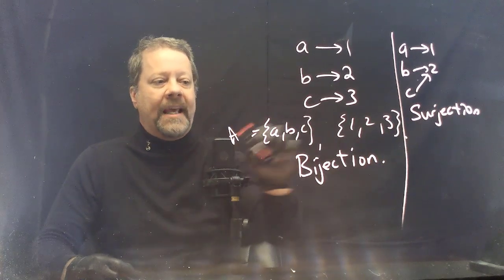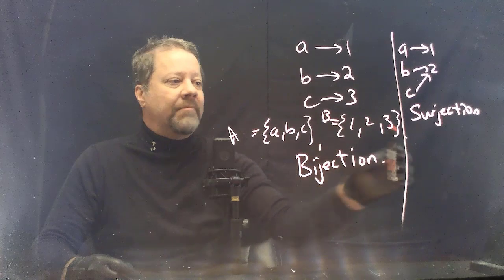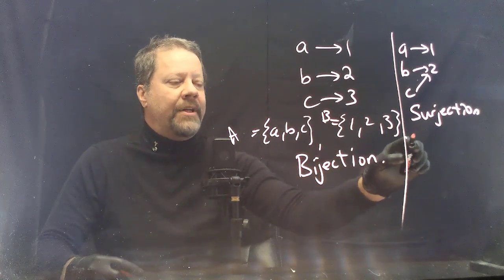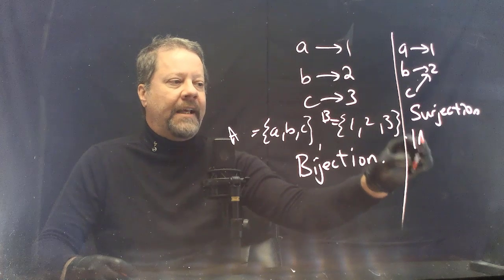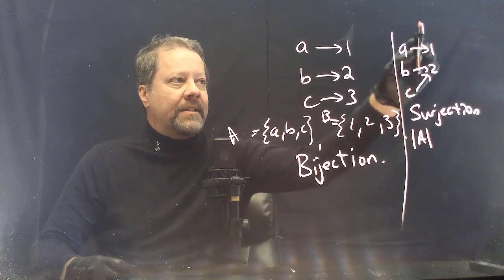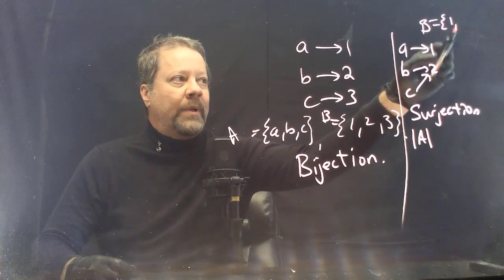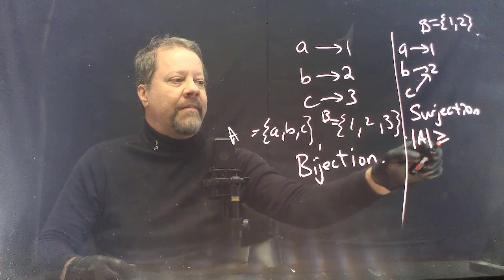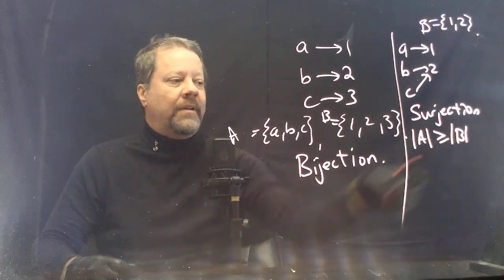if this is my set A and this is my set B, if I had only a surjection, then I would know that the cardinality of A is greater than or equal to the cardinality of B, the set containing 1 and 2 in this example.